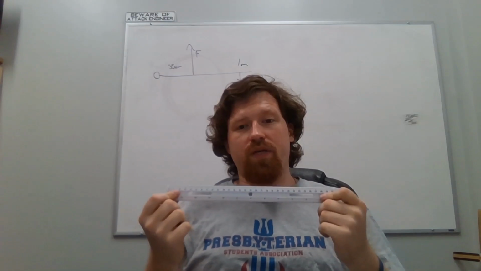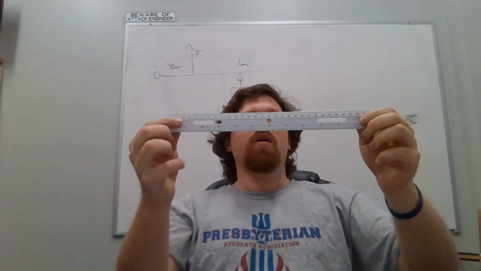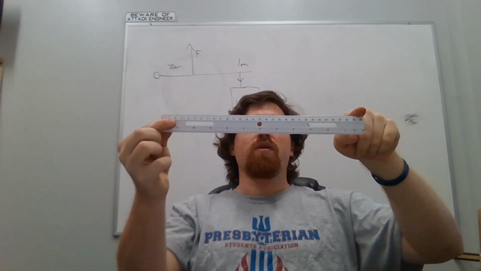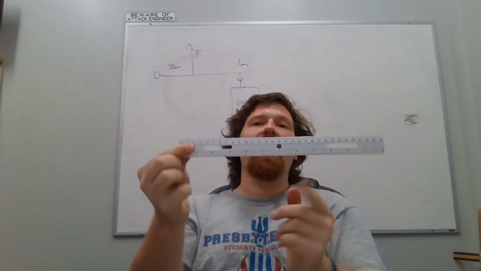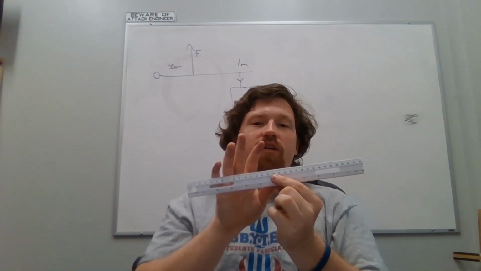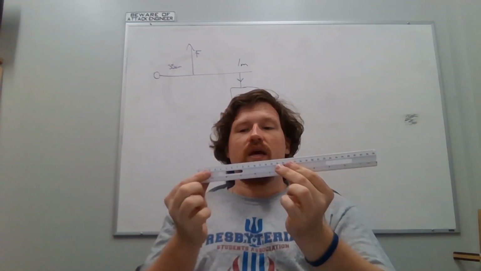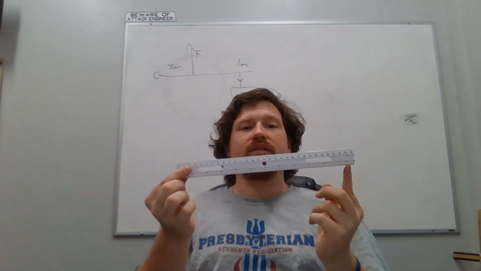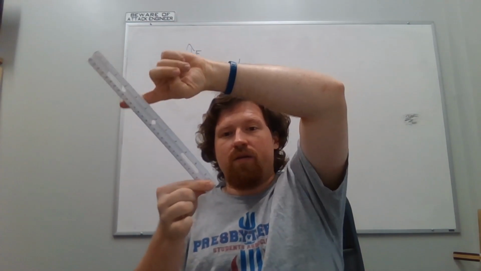And that's what torque is. Torque is defined as exerting a force at some distance from a pivot, and instead of making that object accelerate linearly through 2D space, now it's going to begin accelerating angularly. It's going to start spinning.